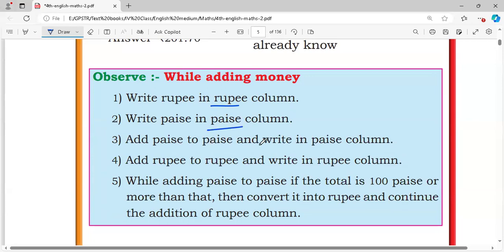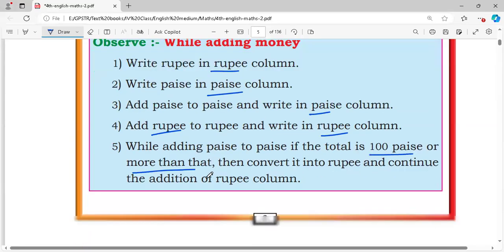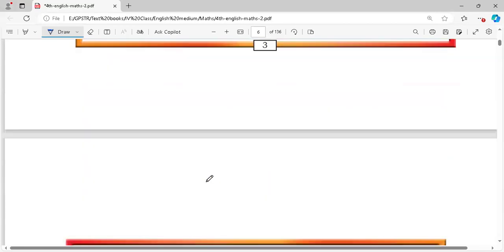Add paise to paise and write in the paise column. Add rupee to rupee and write in the rupee column. While adding paise to paise, if the total is 100 paise or more, then convert it into rupee and continue the addition of the rupee column. This is the core concept.